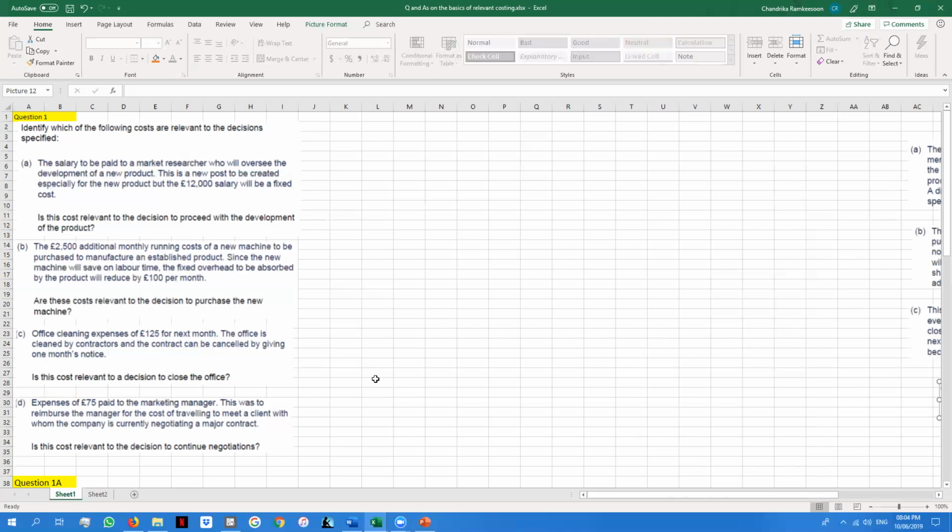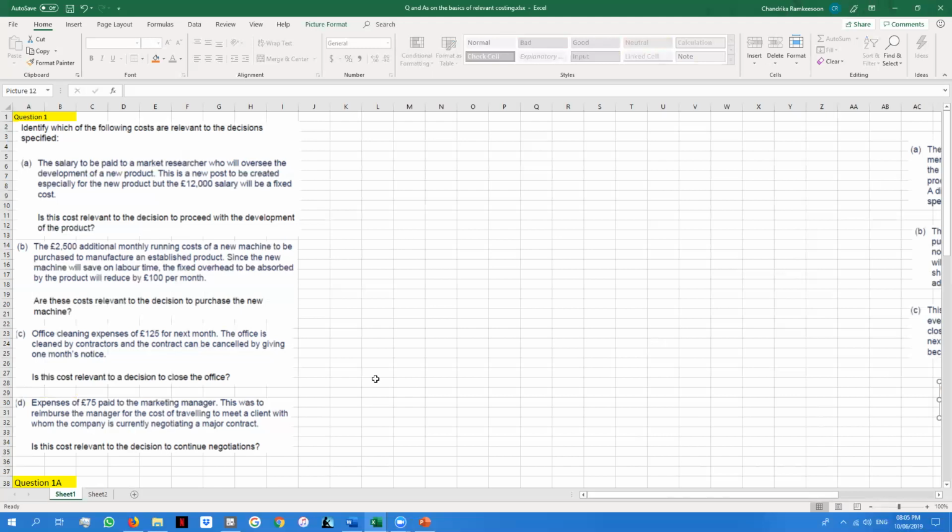Now, this is a fixed cost. I told you that unless told otherwise, fixed costs are assumed to be non-relevant. They will remain the same. But if the fixed cost is specifically related to the decision, in other words, if the total fixed cost will increase as a result of the decision, then it is relevant.